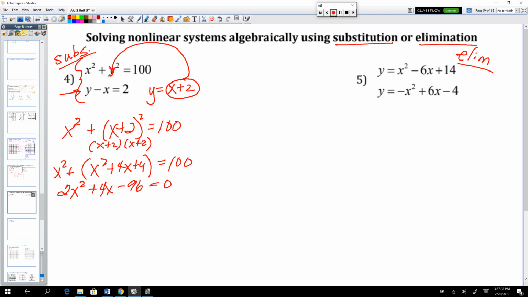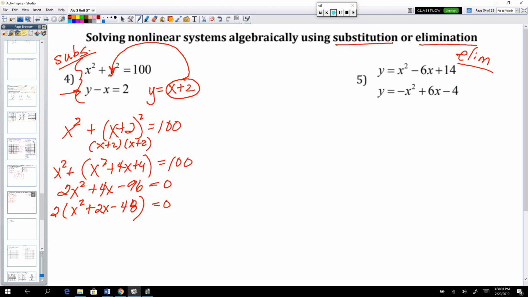Now, this is a quadratic that I know how to solve. The first thing I'll do is I will take 2 out, and I'll get down to x squared plus 2x minus 44, I believe. Nope, 48, sorry. And this, I could either throw quadratic formula at it.